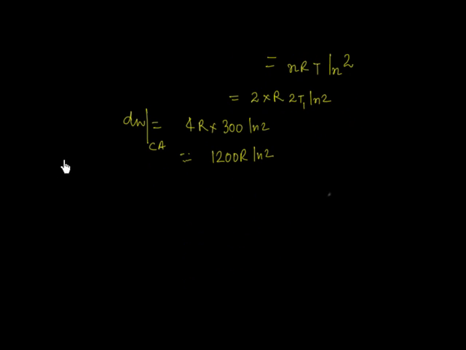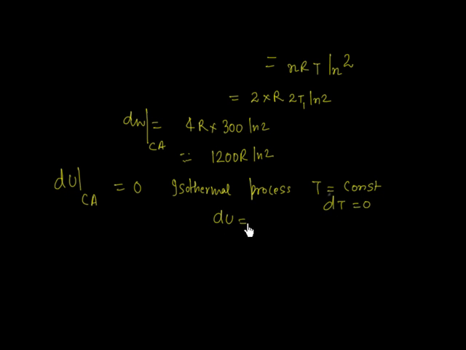What is the change in internal energy for process CA? It is 0. Why is this so? Because this is an isothermal process, and in an isothermal process temperature is constant. So T is constant, which means dT is 0, and I know du is given by nCv dT.